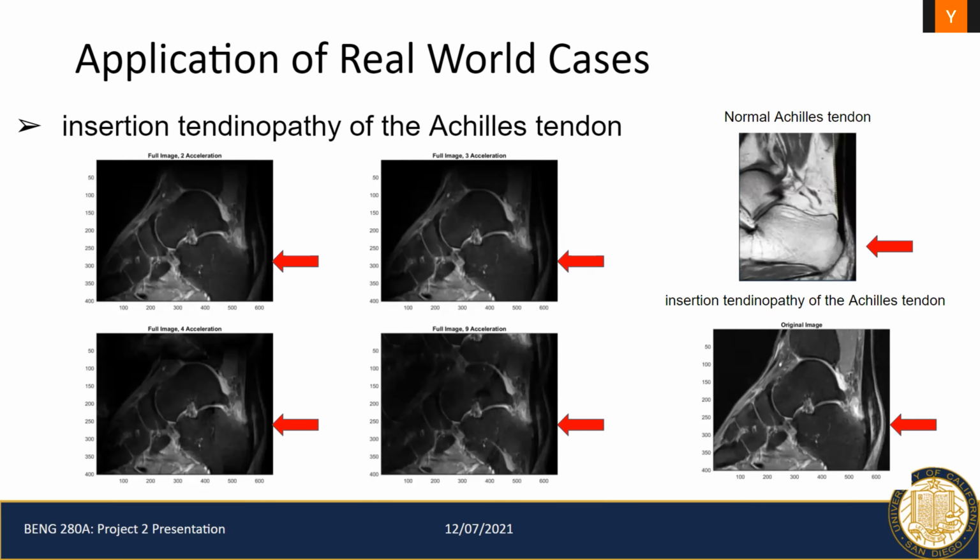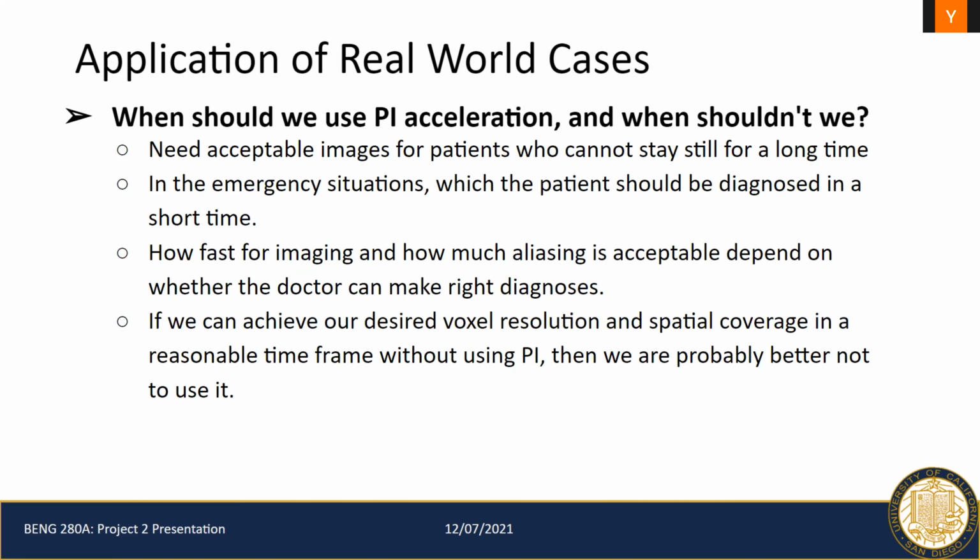The last example is an extreme case of insertion tendinopathy of the Achilles tendon, and in this case, we also get the same conclusion. So in conclusion, when should we use PI acceleration? First of all, in a situation where we need an acceptable image for patients who cannot stay still for a long time.